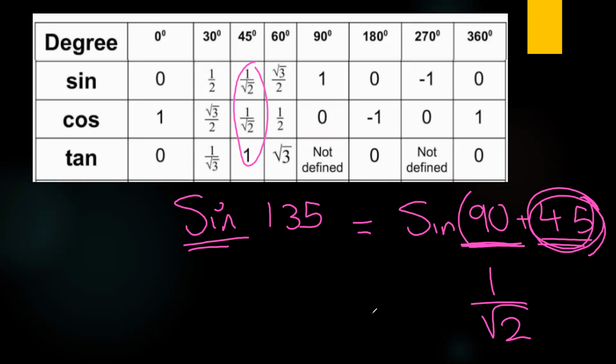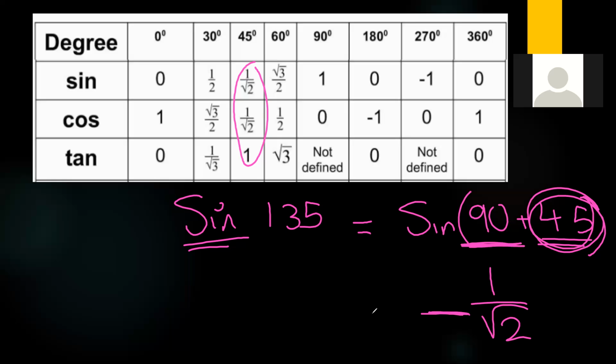After that, we see that sine of any angle in quadrant 2 is negative, so it will be negative 1 over square root of 2. Wait, sine in quadrant 2 is positive, and the cosine is negative, right? Yes, sorry, it will be positive.